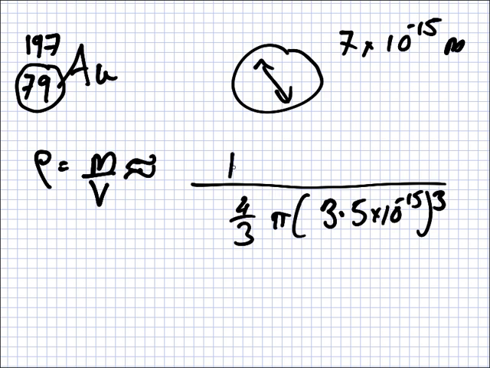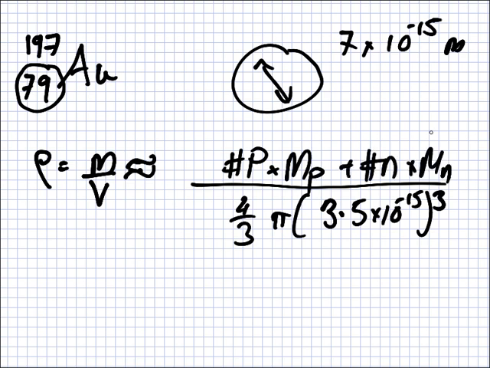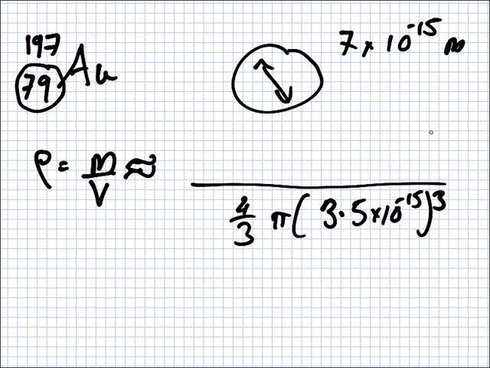So you can do this two ways. You can either work out the number of protons and multiply it by the mass of a proton plus the number of neutrons times the mass of a neutron. But how many marks is it? This will give us a clue. 4. Oh, okay. So I think they do want us to be a bit more accurate, because I was just going to write 79 on the top here, but I'll be a little bit more precise.